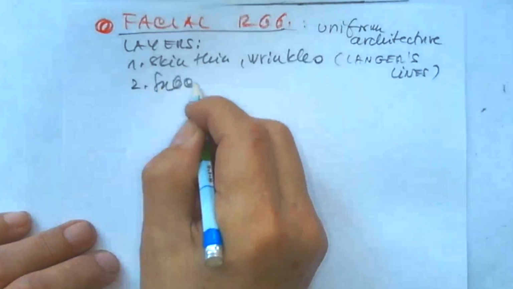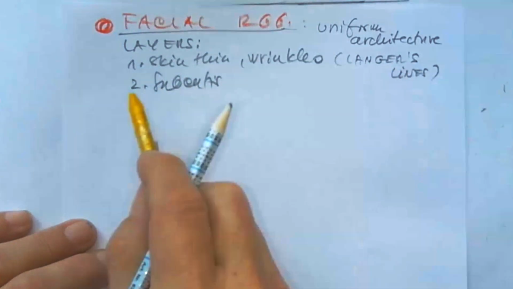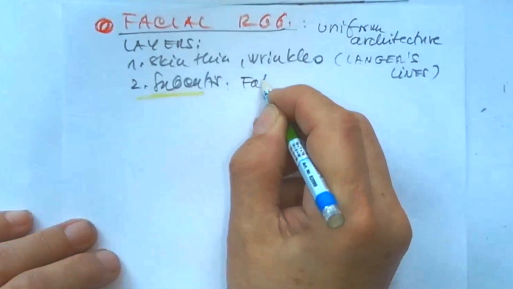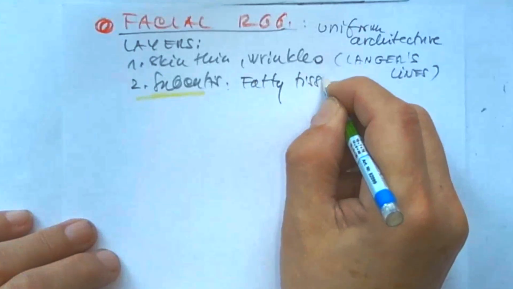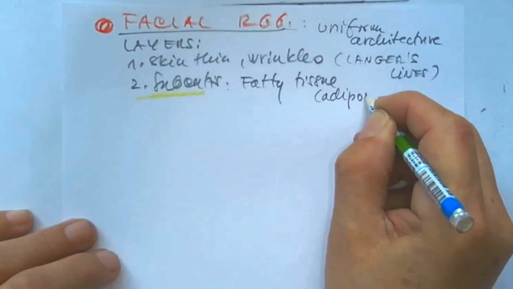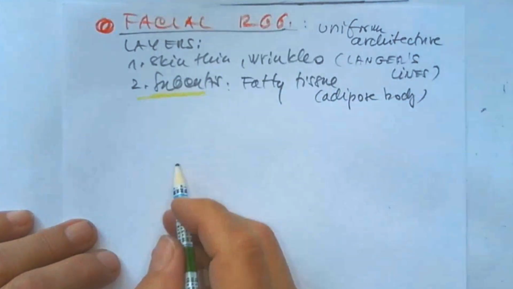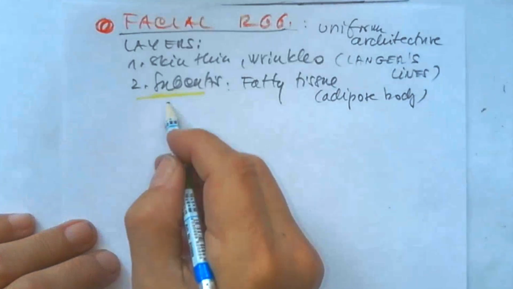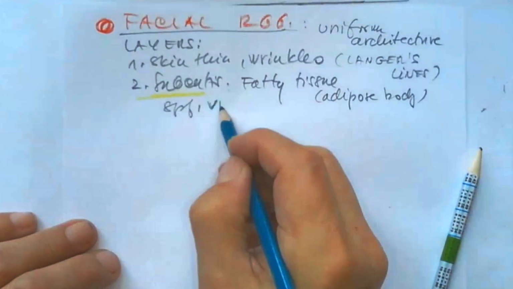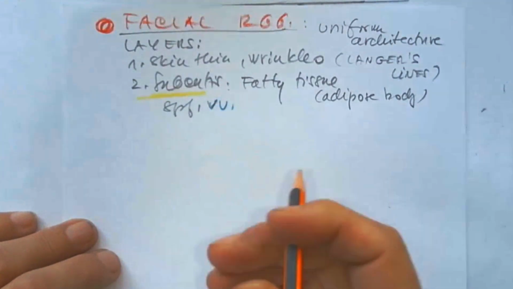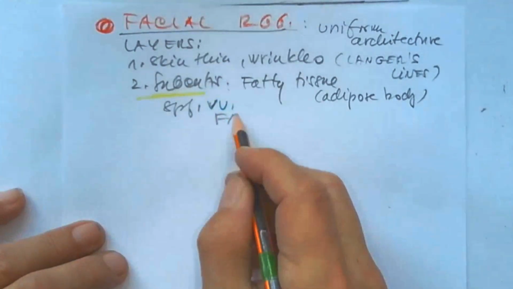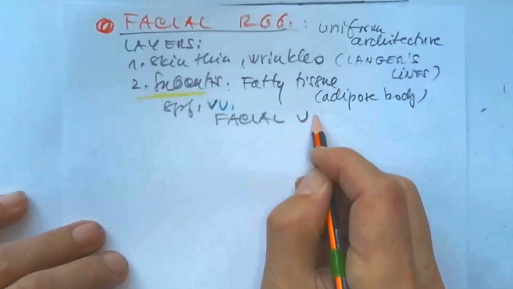Number 2 is subcutis. What we see in the subcutaneous tissue. First of all, there is the fatty tissue forming a body, corpus adiposum, adipose body of the face, then subcutaneous superficial veins, blue veins. Yes, these subcutaneous veins belong to the main vein, which is the facial vein. We have seen the facial vein several times.